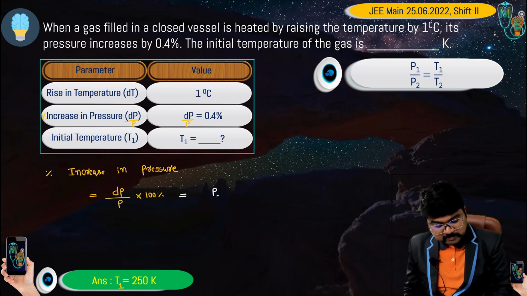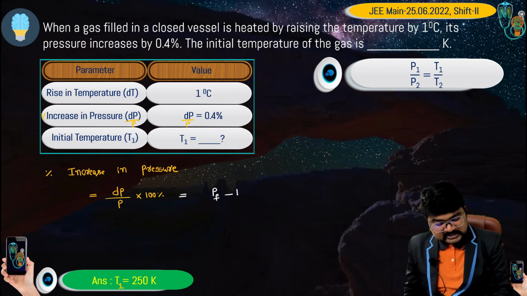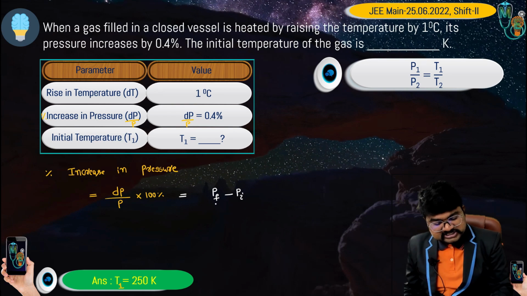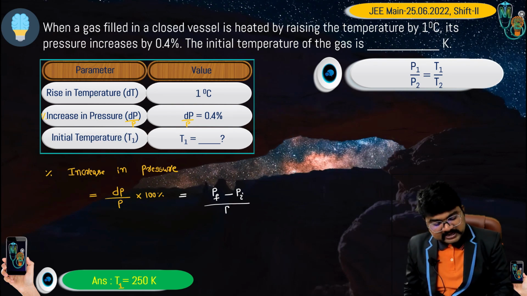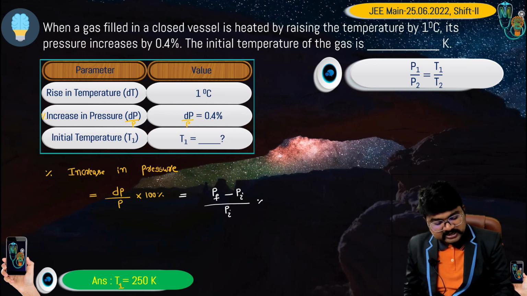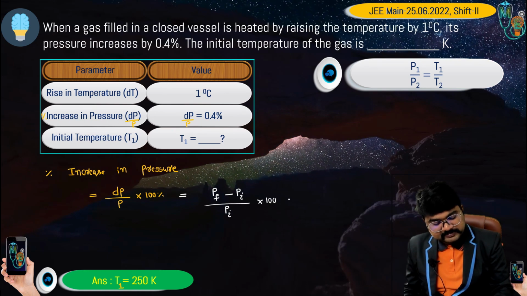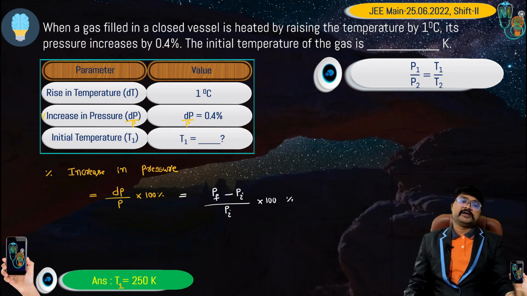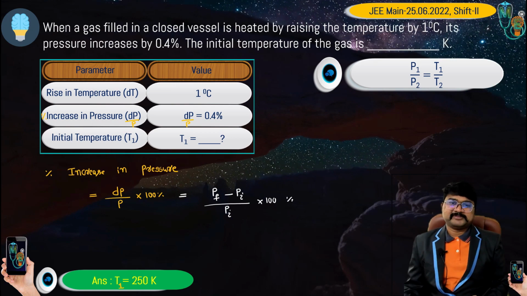So this would be final pressure minus initial pressure by initial pressure into 100%. Then you will be getting it in terms of percentage. Understood na?